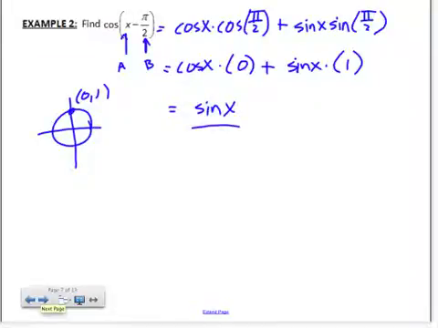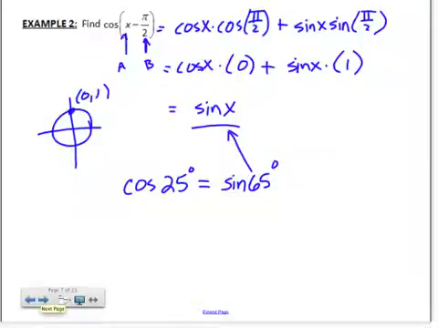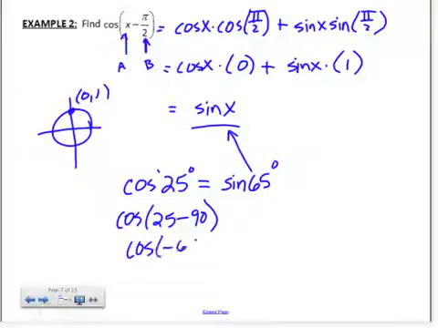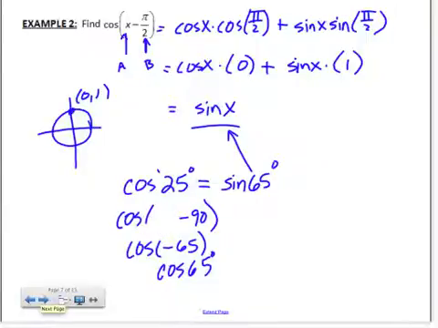Now, where is that useful? Do you remember that the cosine of, say, 25 degrees would equal what? What's the complement of 25? The complement of 25 is 65. Okay, so is it true that the sine of 65 is equal to the cosine of 65 minus 90?